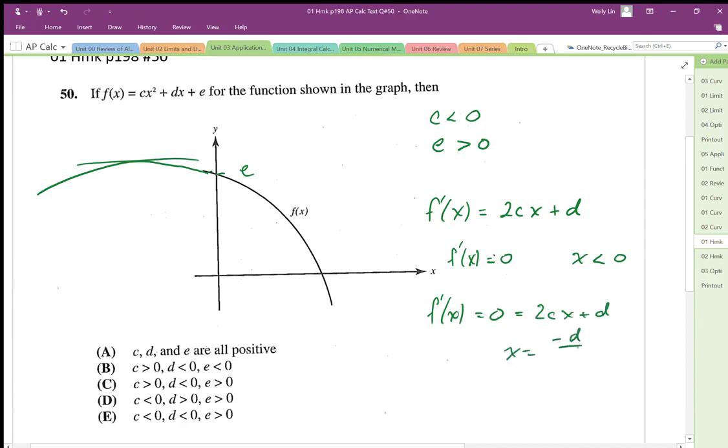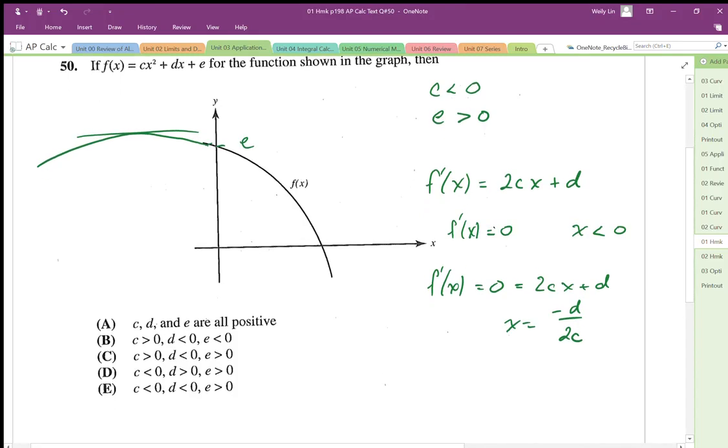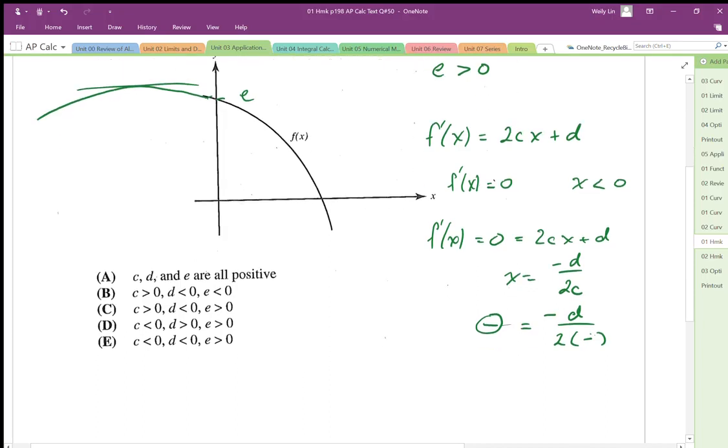So if x is equal to negative d over 2c, and we know that c is negative, then in order to make x negative, we'll do our sign analysis here. So this side must be equal to negative. We've got negative d over 2 times c, which was negative. In order for this expression on the left side to be negative, we need to have an odd number of negatives.